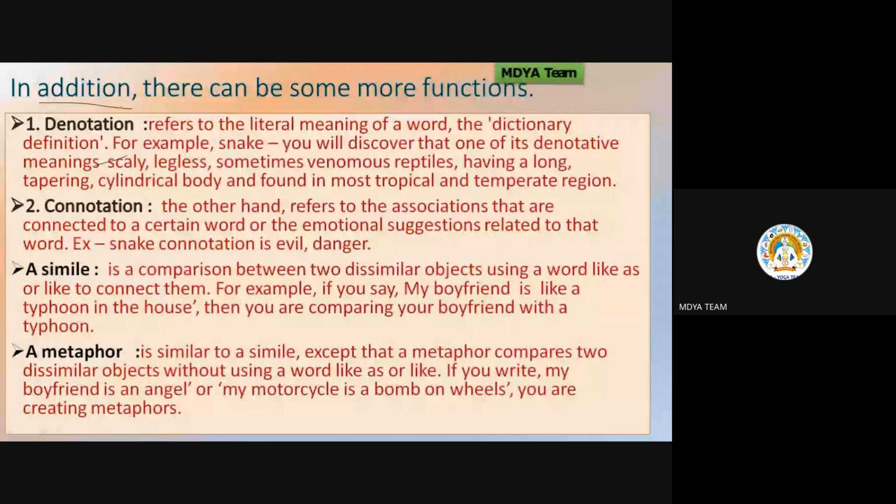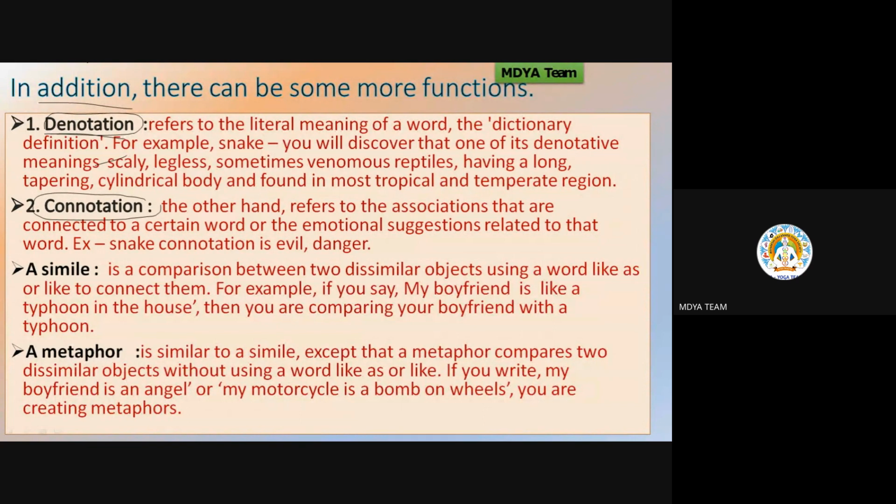Please tell me about denotation, connotation. Anybody? Okay, no problem. I'll tell.